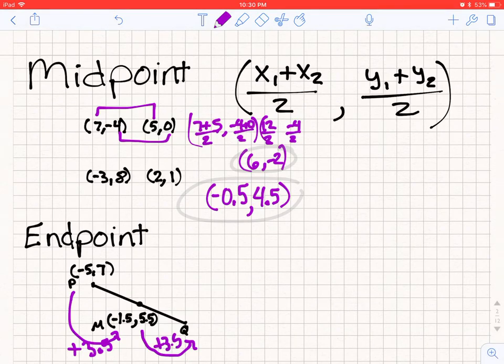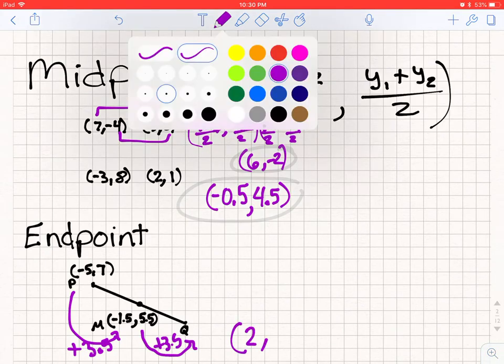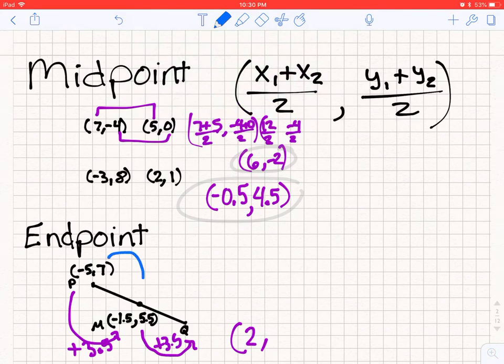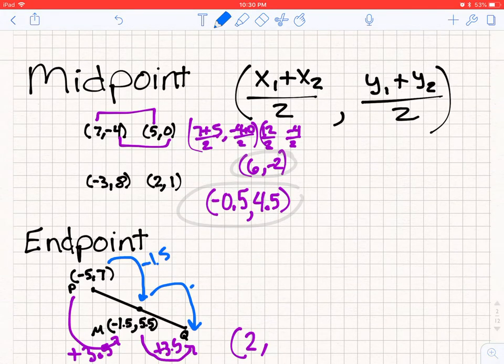So this value for Q should have an x coordinate of 2. If I look at the y, I subtracted 1.5. So if I'm going from the middle to here, I have to subtract 1.5 again, and I'm going to end up at a 4.